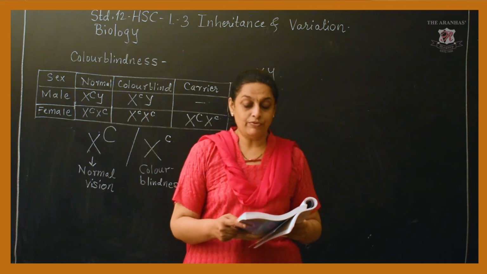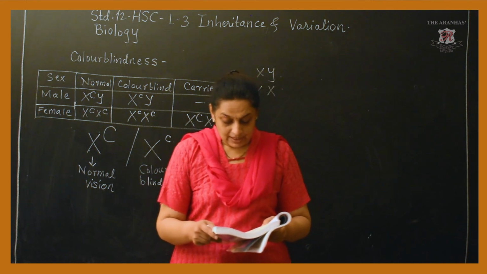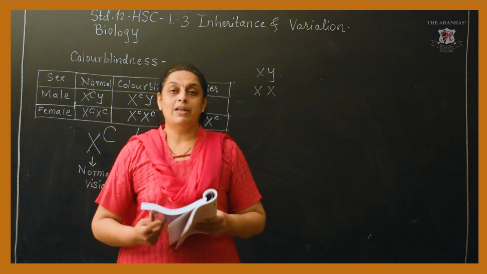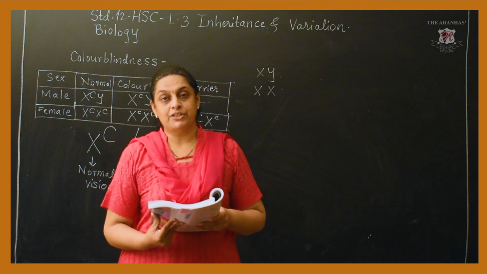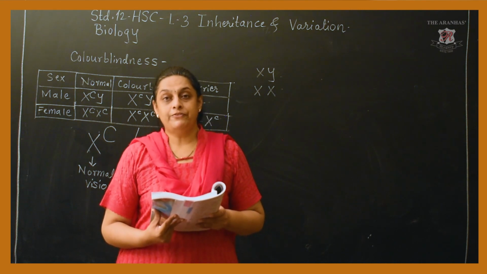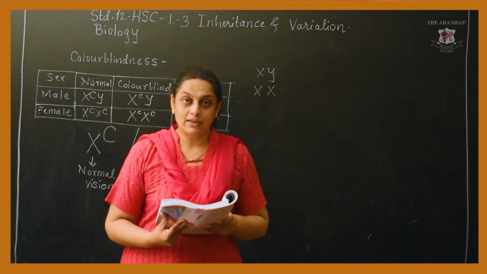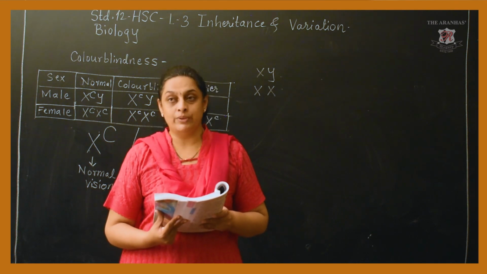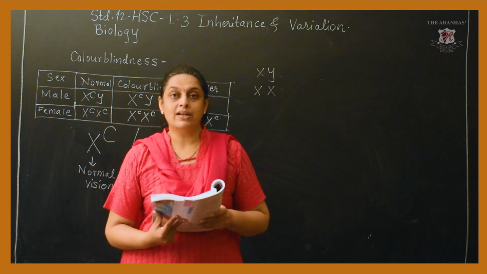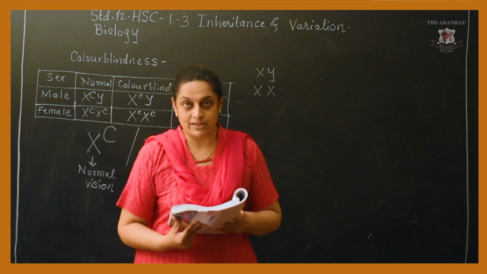Now in this hemophilia, the medical problem faced by the patient is that blood fails to clot if there is an injury, external or internal injury. That is, whenever a blood vessel ruptures.